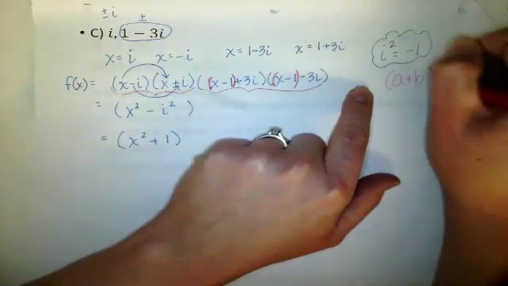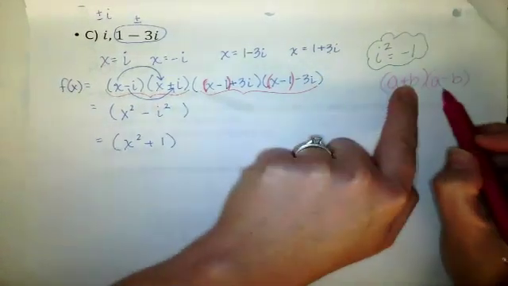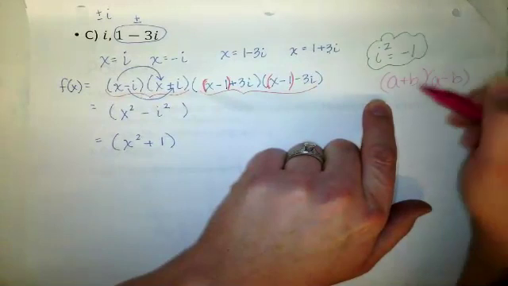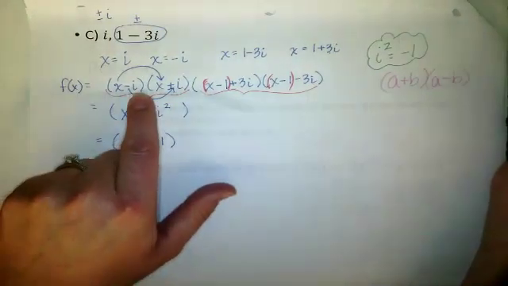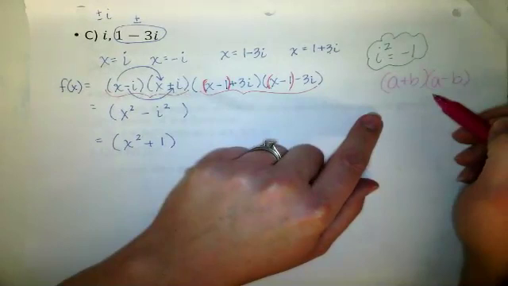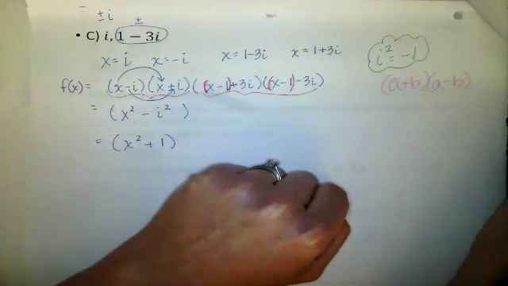A plus B times A minus B is the sum and difference pattern, because that looks like this, right? But the A could be anything. So could the B. This whole thing represents the A. Kind of crazy.